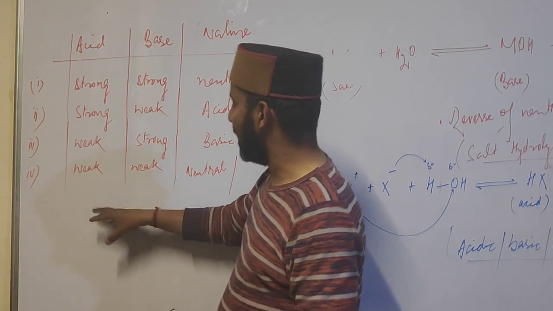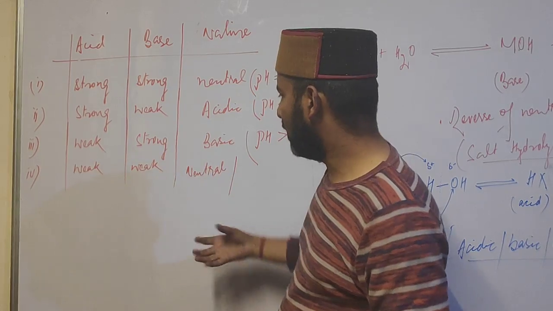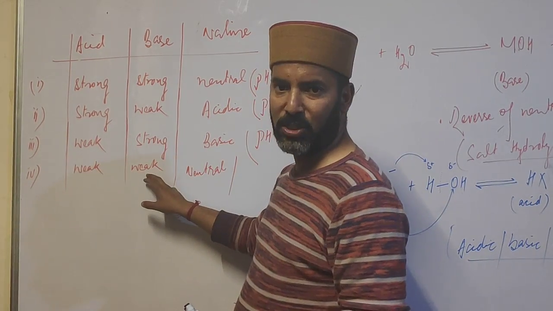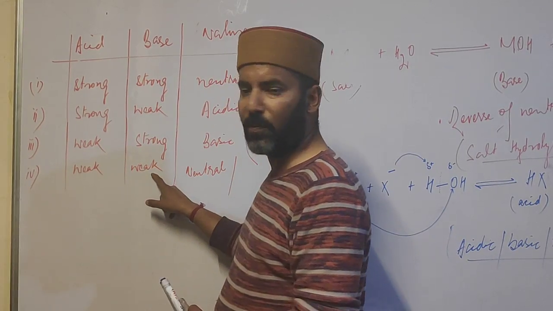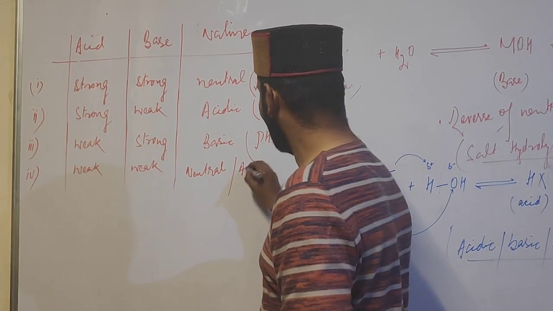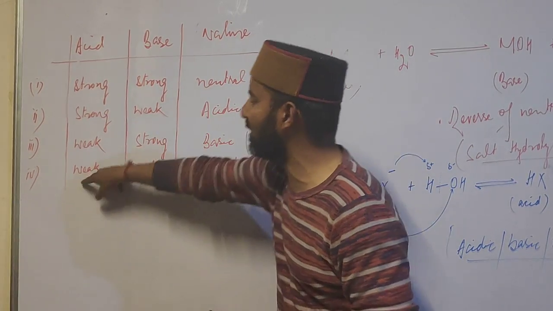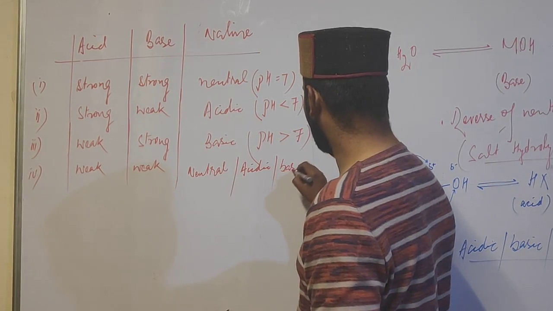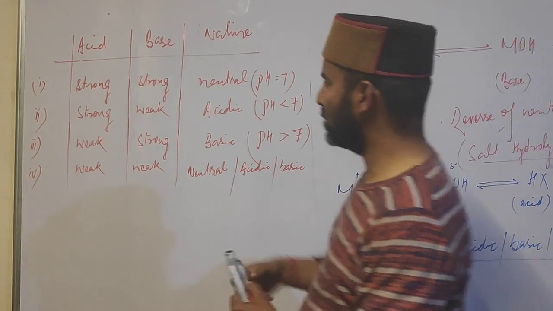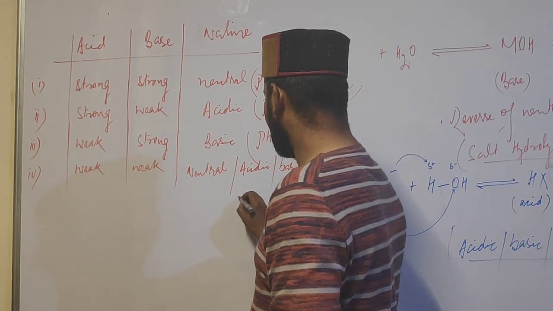So if acid is relatively stronger than this weak base, then we say the solution is acidic. But if base is slightly stronger than the acid, then we say the solution is what? Basic.